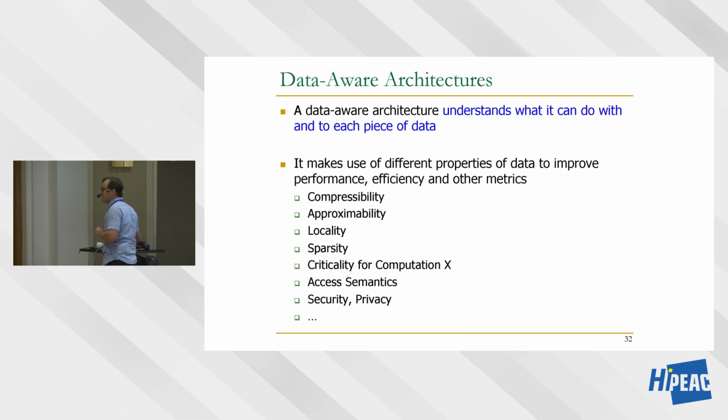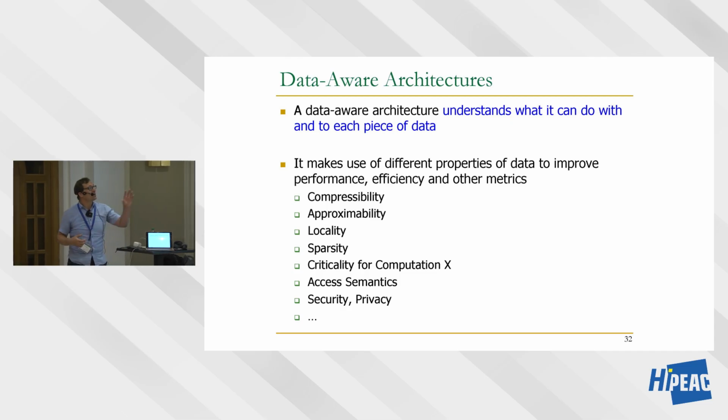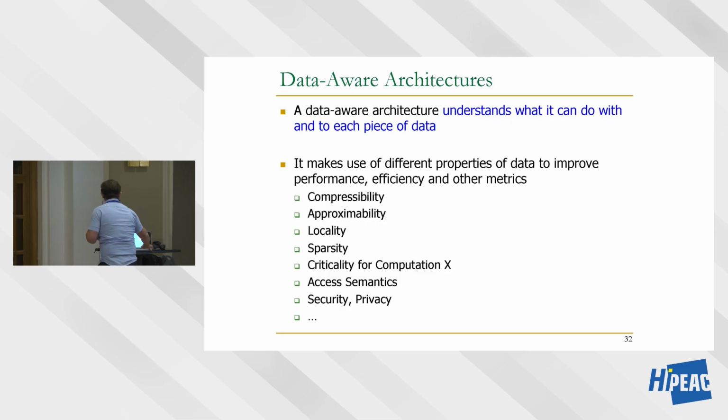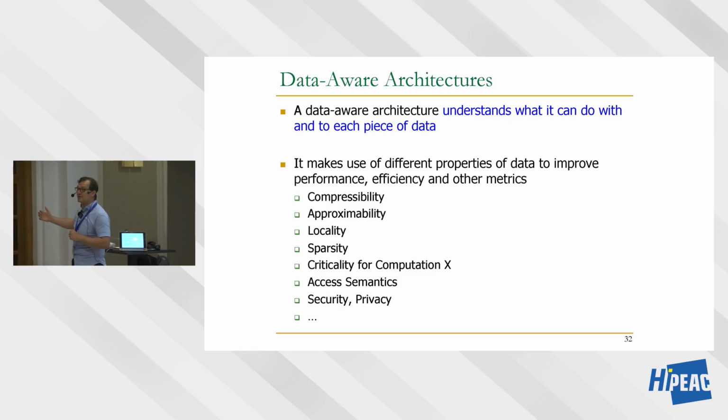So let's take a look at what a data-aware architecture may look like. I think the idea is to understand what you can do with and to each piece of data. You can make use of different properties of data to improve different metrics: performance, efficiency, and others. There are many different characteristics of data.